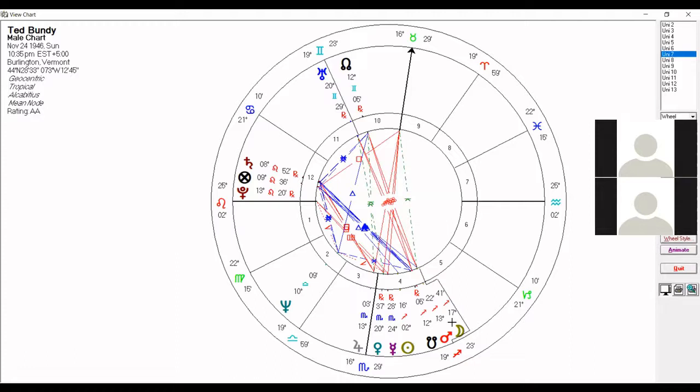When a faster planet is leaving the exact aspect of another planet, it is separating. So this planet would have been in exact aspect to this planet when it was at 10 degrees. When the Moon was at 10 degrees, she would have been in an exact sextile with Neptune. She is not. Same thing here: when she was at 13 degrees, she would have been in an exact trine with Pluto.